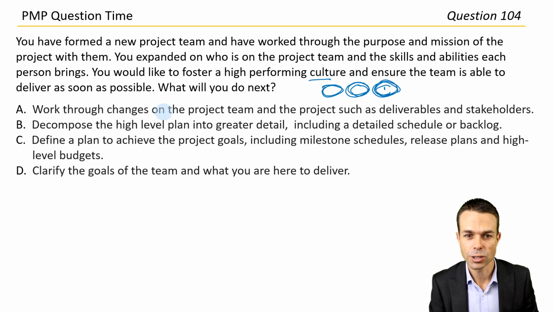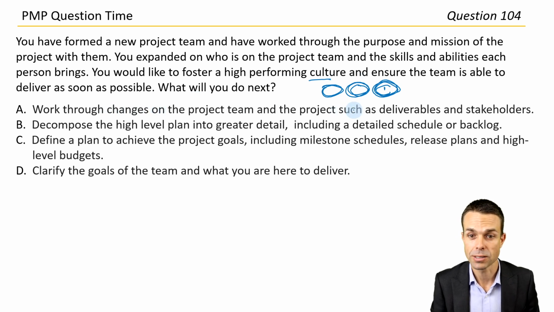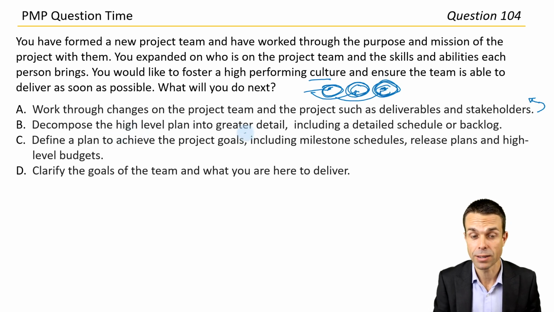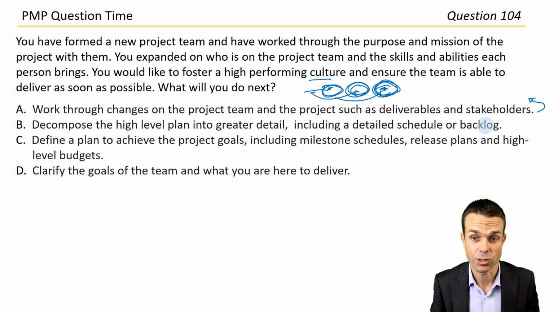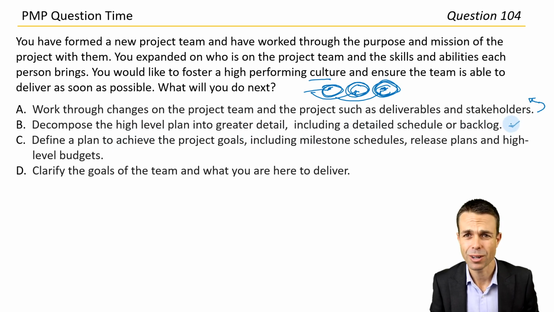Work through changes on the project team and the project, such as deliverables and stakeholders. I think probably not for a high-performing culture, and maybe we're not there yet, I think. If we've got the why, the who, and we need to do the what, I think. Decompose the high-level plan into greater detail, including a detailed schedule or backlog. Yeah, maybe that's the what. I wonder if there's anything else that gives us a clue though.